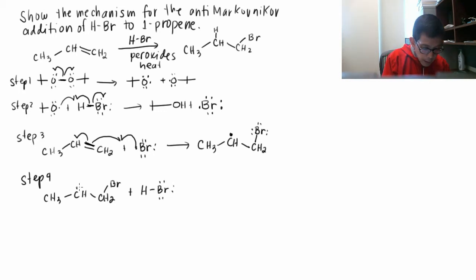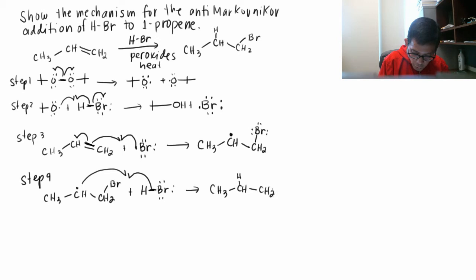That lone electron on the carbon meets with half of that bond between the H and the Br, and now you form your product, CH3, CH2, CH2, Br, and in the process you form another bromine radical.